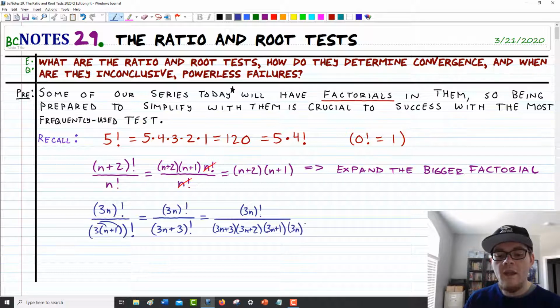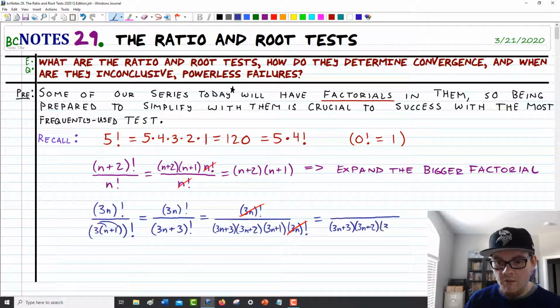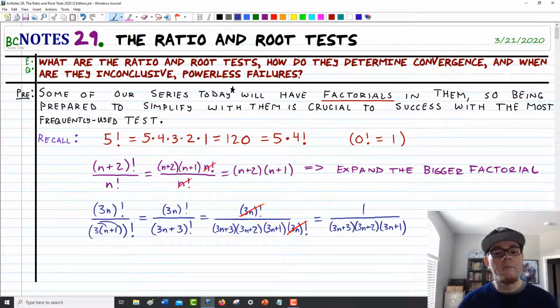Because then we'll have 3n factorial, and we don't need to keep going down, because once again, we have the luxury of a 3n factorial in the numerator as well. Once we've got that in place, we can rewrite our expression as 3n plus 3 times 3n plus 2 times 3n plus 1, and our numerator is just 1, because everything divided away.